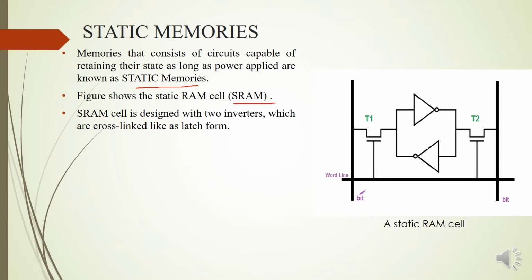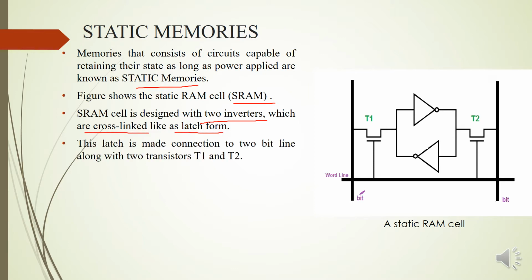The SRAM cell is designed with two inverters which are cross-linked like a latch. This latch is connected to two bit lines along with two transistors T1 and T2.